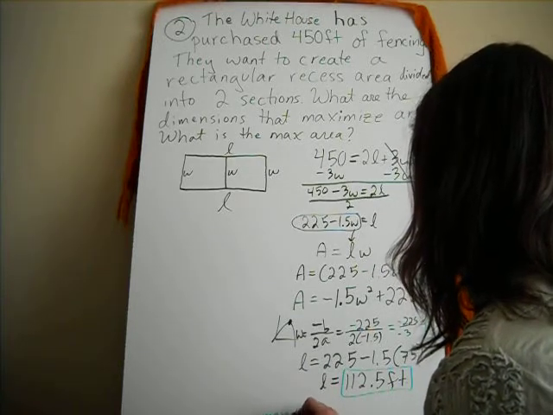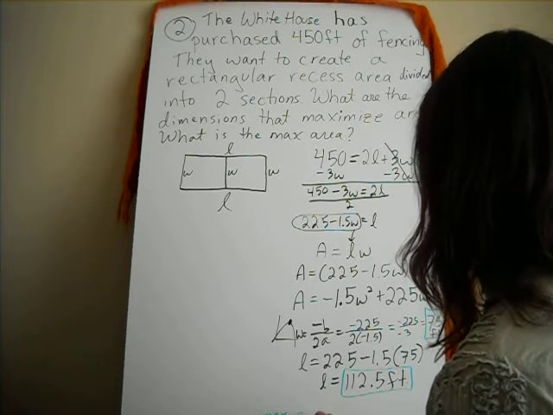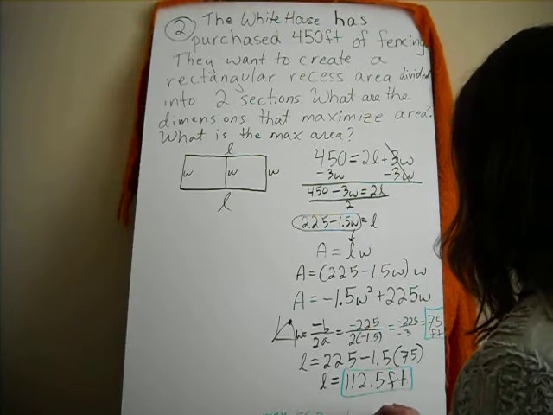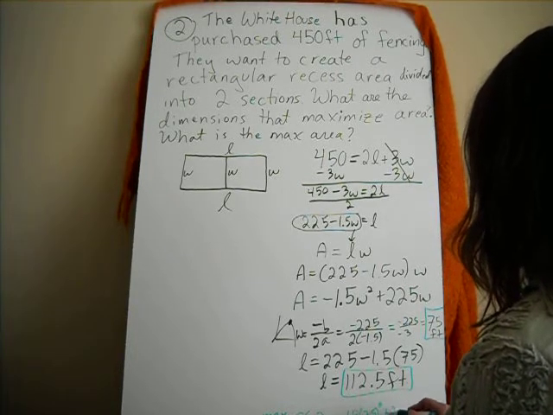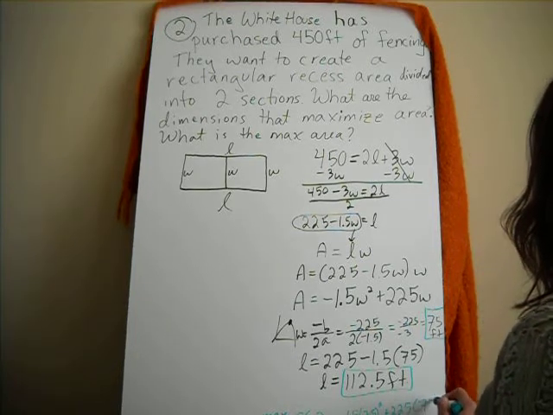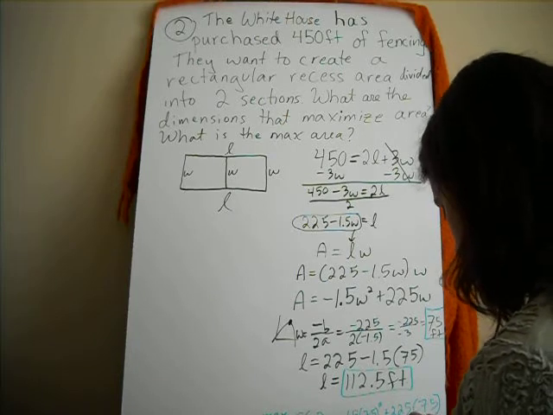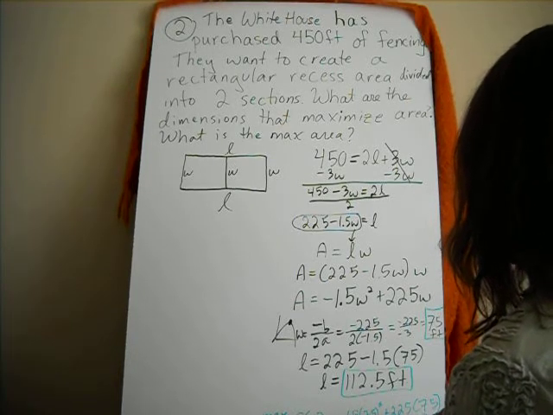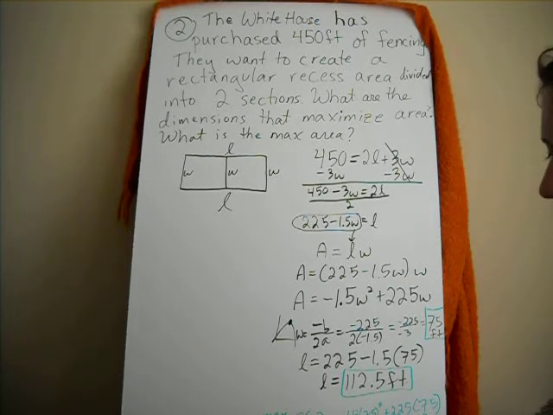So to get the max area, you would do f of 75, so that's negative 1.5 times 75 squared plus 225 times 75. And that'll give you a value of 8,437.5 feet squared, because remember, area is a square term.